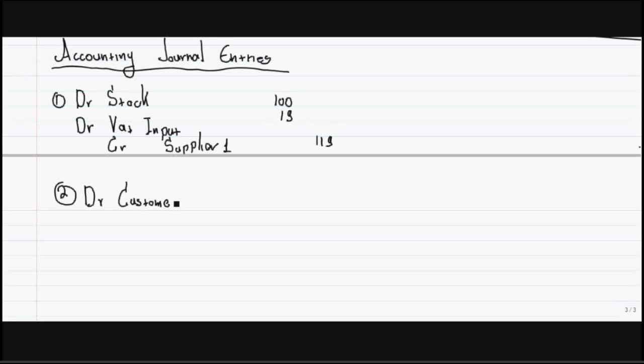Of course, we need to record our net sales, so credit sales with the net amount. And of course we need to pay VAT for this one, and this is VAT output.